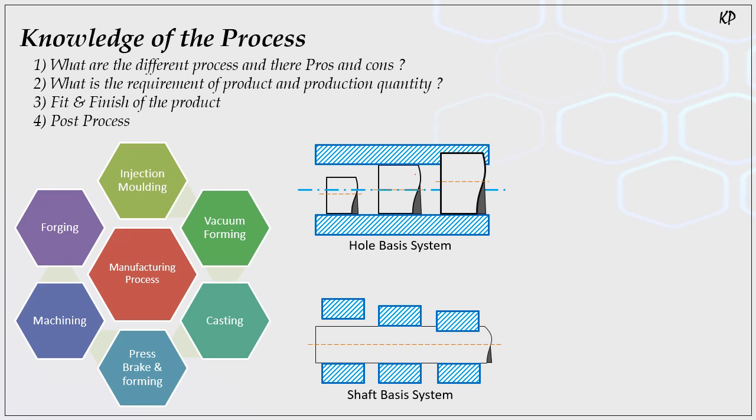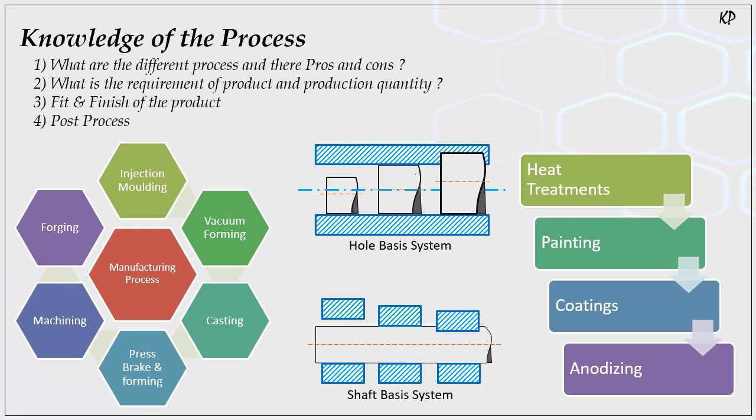After deciding your manufacturing process, another point you have to define is the post processes. If you want your component to be strong, you have to do a heat treatment on it. If you want your product to look good, then you can go for painting, any kind of coating, or anodizing.